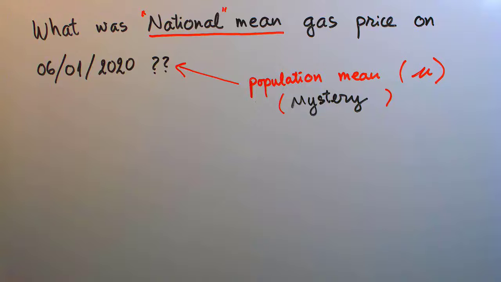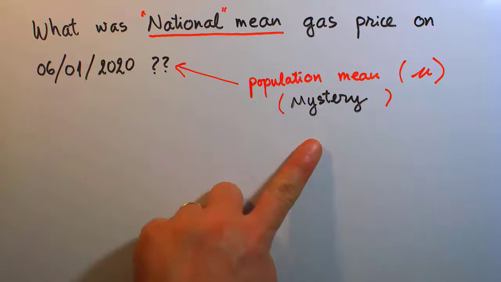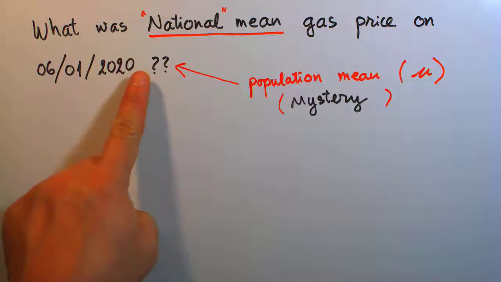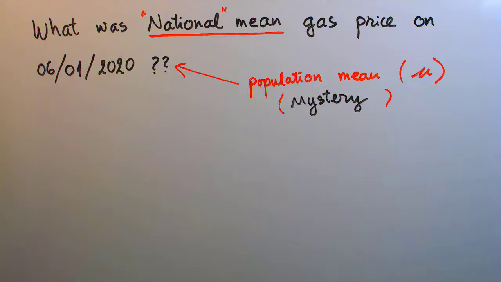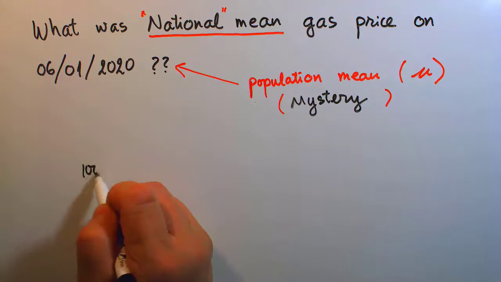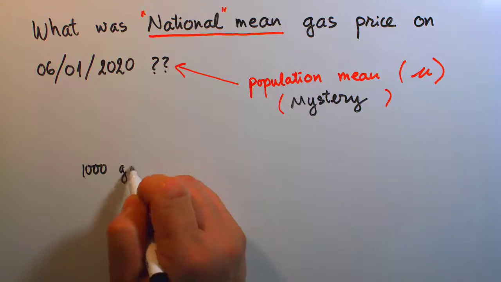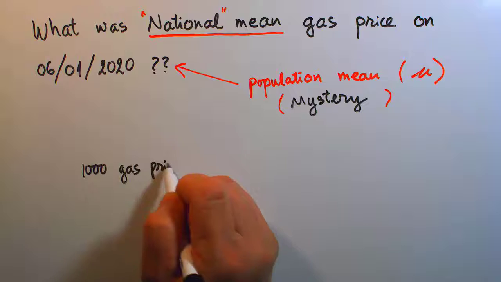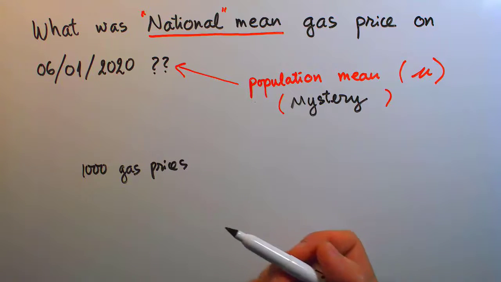Now, as I pointed out, the answer to this question remains a mystery because the answer is intended to be a population mean. I didn't find it. Now, if I spend my time to collect 1,000 gas prices on that day, June 1st, 2020, will that be enough to get me a population mean?